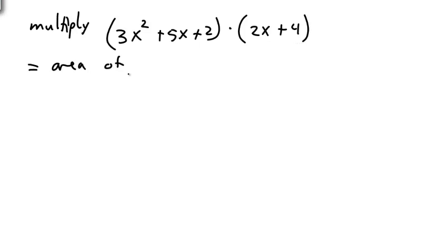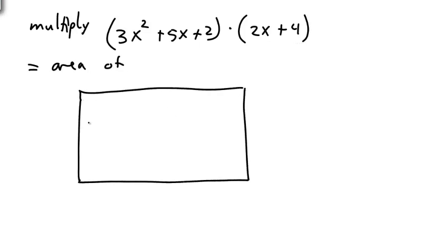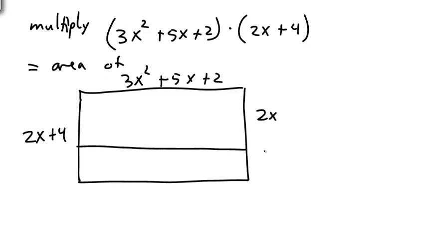It's the area of a big rectangle. And one side of the rectangle is 2x plus 4, and the other side is 3x squared plus 5x plus 2. How do we split it up? 2x plus 4 is 2x and 4. 3x squared plus 5x plus 2 is 3x squared plus 5x plus 2.